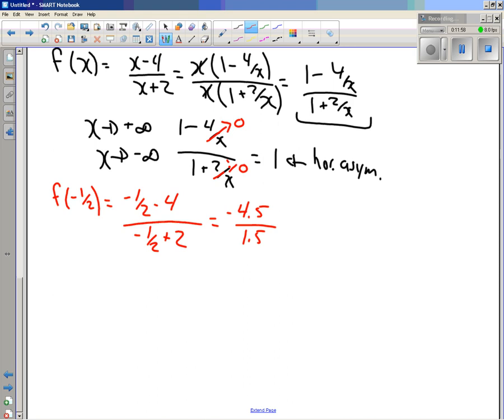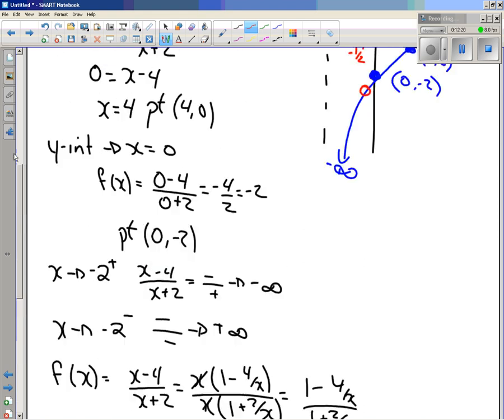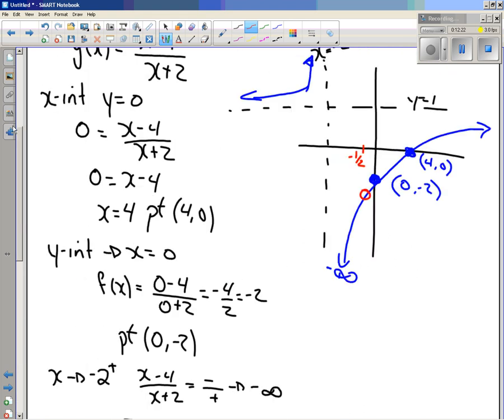So if we work that out, -4.5 divided by 1.5 is -3. So if we didn't have a gap, we would have the point (-1/2, -3). But because that canceled out here, we have our gap. So our graph is going to be discontinuous, or we're going to have a gap at (-1/2, -3).